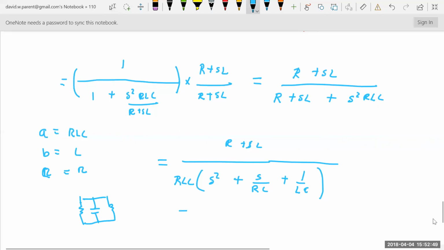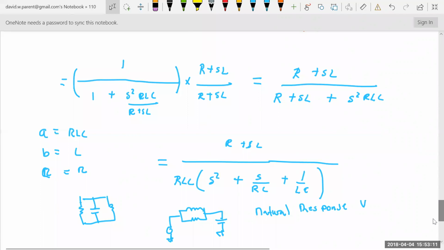And you might say, yeah, but actually our inductor and our resistor were in parallel, but in series with the capacitor. Yes, but for the natural response, inputs equals 0. So we're right back to that.